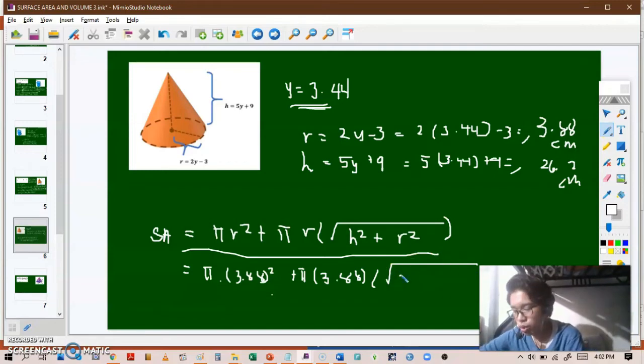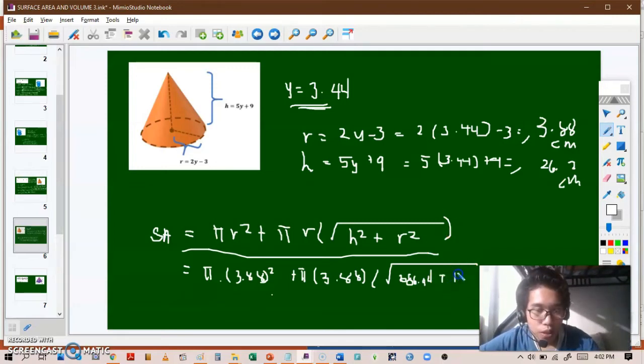And what's 26.2 squared? That's 686.44. And then we have 3.88 squared, which is 15.05.